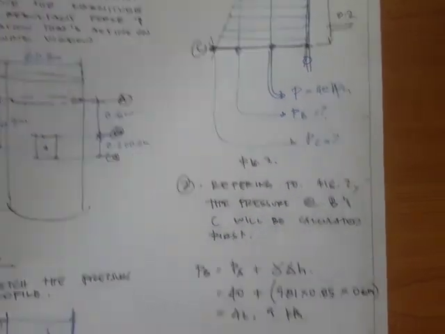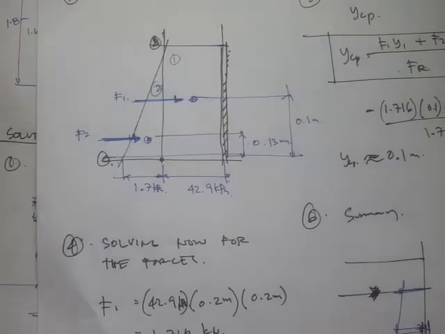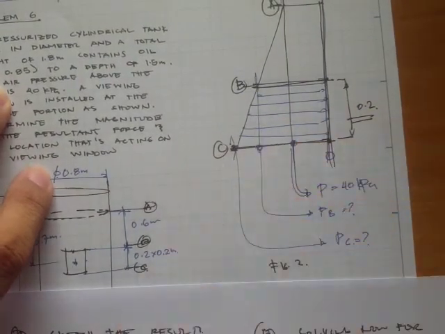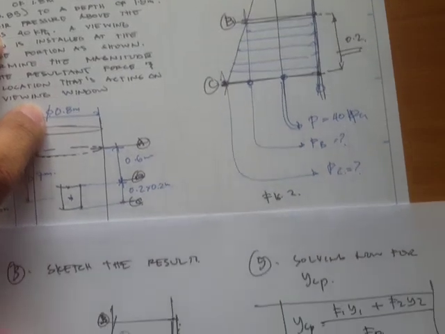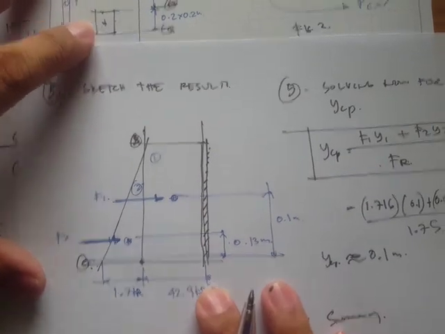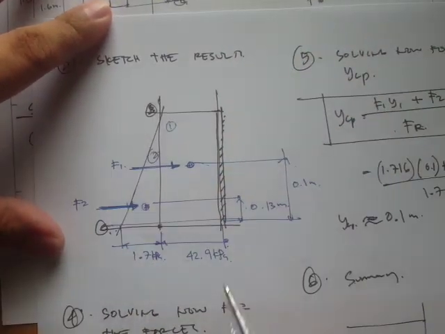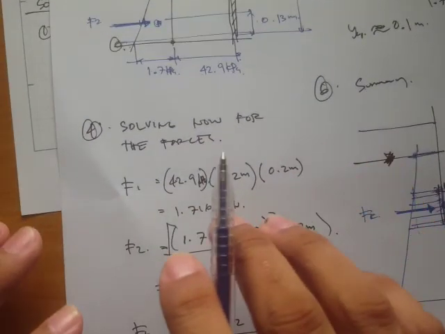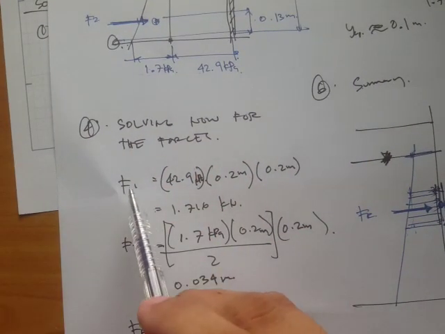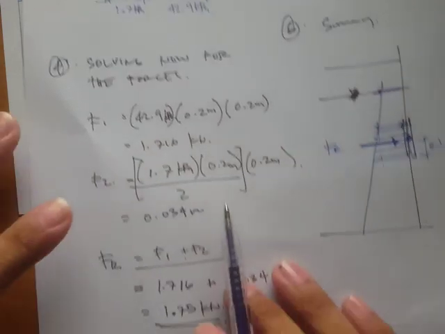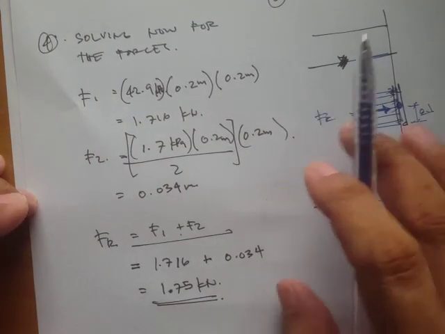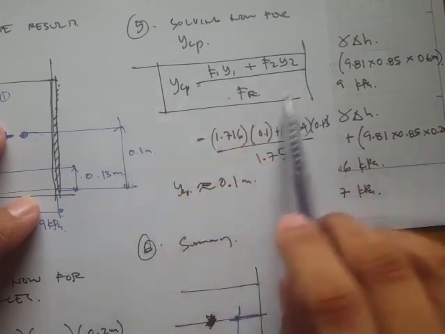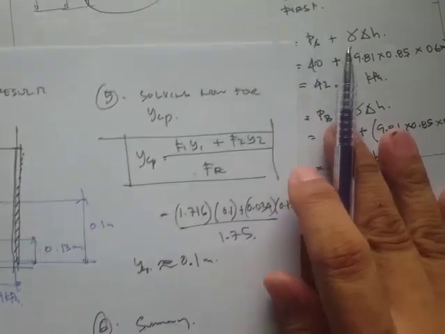Once we have the pressures, we can solve for the forces, and we can dimension the prism, because the pressure is the x-axis. Then we can solve for the volume, which corresponds to the forces. Once we have the forces F1 and F2, we can solve for the resultant force, and then for the location of the resultant force.